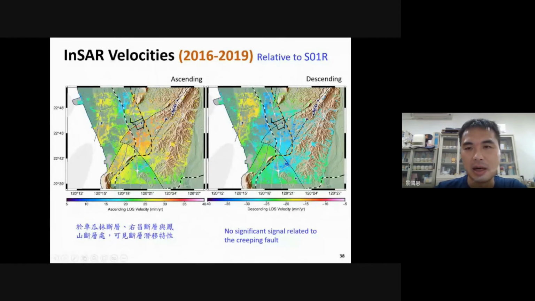Here we could get some information from the ascending, but from descending we could not detect the very clear velocity difference. So it also shows you the limitation of InSAR. So once again, ascending and descending are very important. If you have only one track, then you may miss some information.